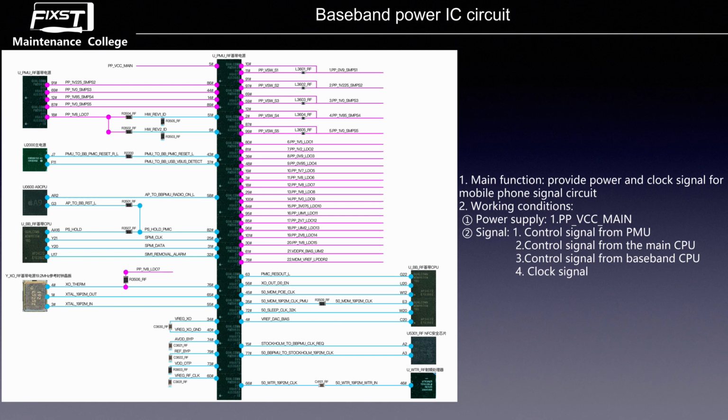And this line is very special. This line is also from the baseband CPU to the baseband power IC, the power holding signal. Okay, this signal we will talk about in detail in the coming class. And continue going down, you can see the 25 and 13.1, these two pins, from the baseband CPU to the baseband power IC, the SPMI control bus.